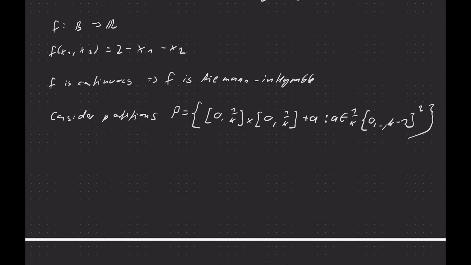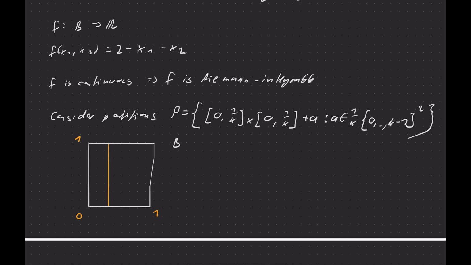Let me first illustrate how that looks before we move on here. Okay, so say we have this box here. Right, so that is our box that is between 0 and 1. So here's 0 here, 1 here, 1 here. That's the box B. And then we partition that box into smaller boxes.